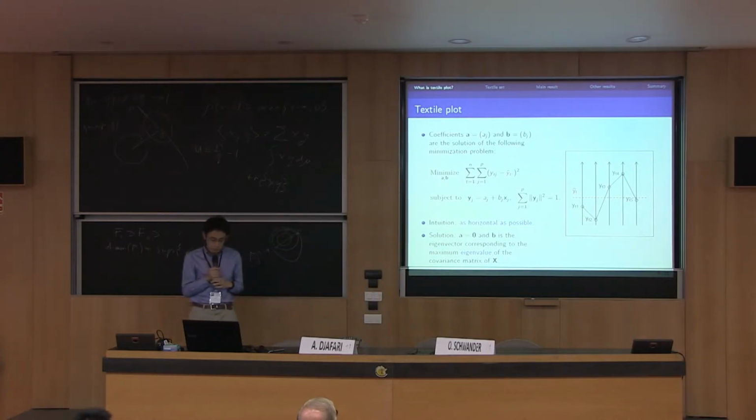And the solution of this minimization problem is a equals 0 and b is the eigenvector corresponding to the maximum eigenvalue of the covariance matrix of the original data X.